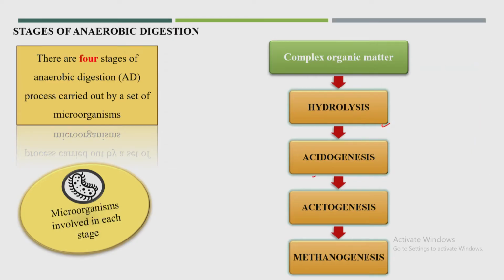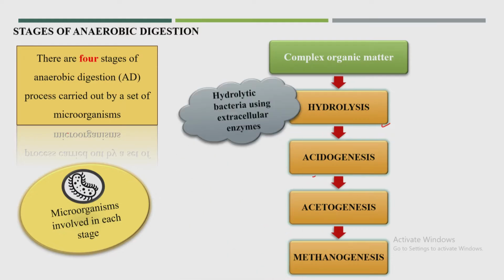So, here you can see that complex organic matter goes through the first stage, hydrolysis, the second stage, acidogenesis, the third, acetogenesis, and the fourth, the methanogenesis stage. In hydrolysis, the hydrolytic bacteria using extracellular enzymes are involved.